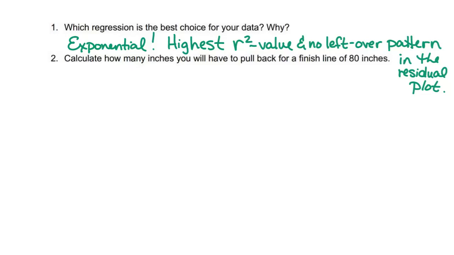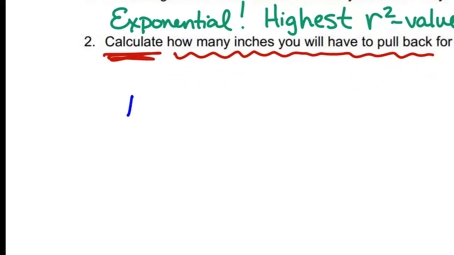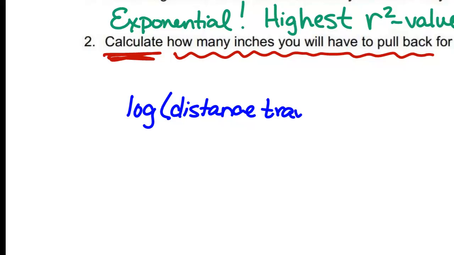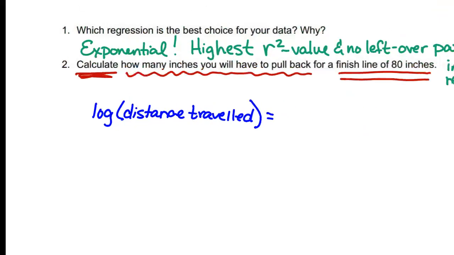I want you guys now to calculate how many inches you would have to pull back for a finish line of 80 inches. So we're going to use our best model. The best model was log of distance traveled is equal to what?